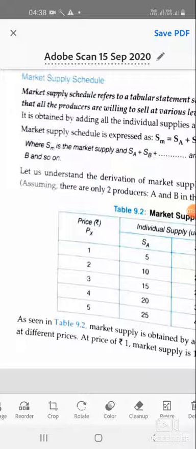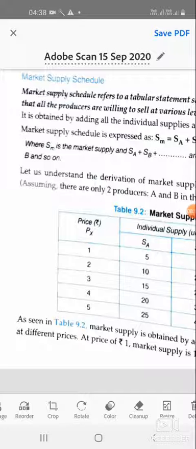Supply curve refers to a graphical representation of a supply schedule. It is a locus of all the points showing various quantities of the commodity that a producer is willing to sell at various levels of price during a given period of time, assuming no change in other factors.